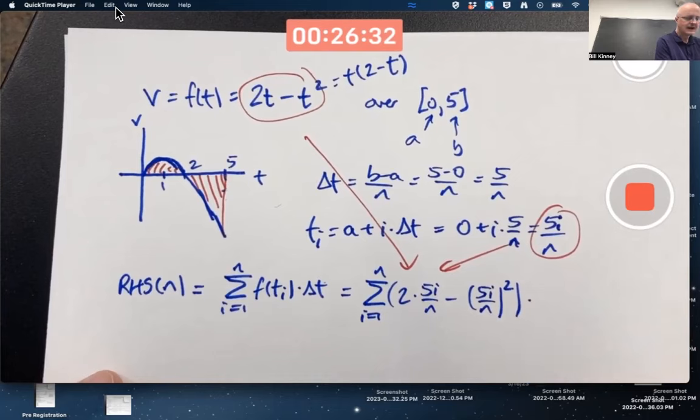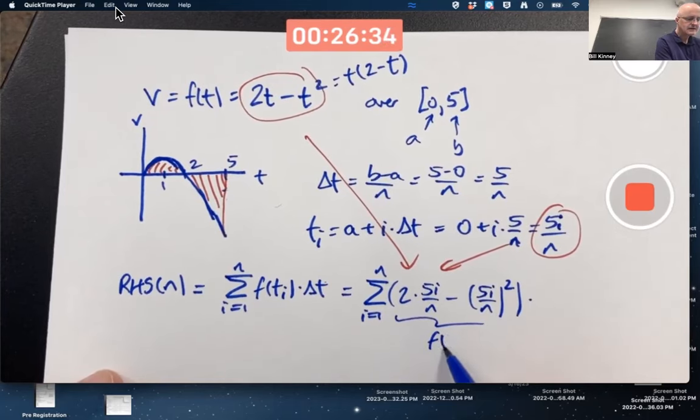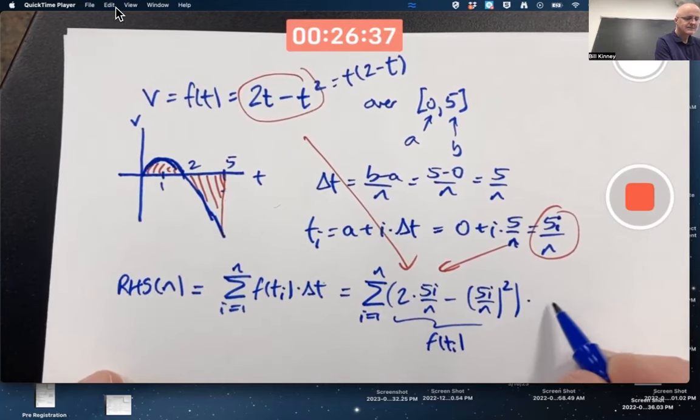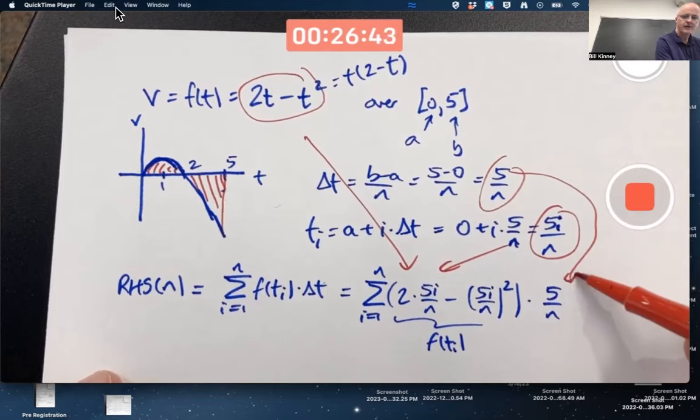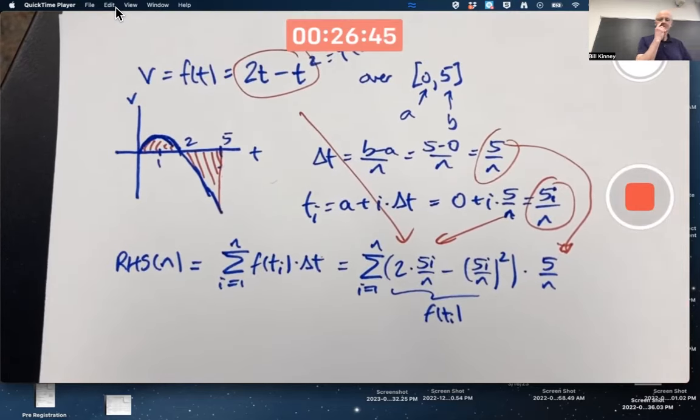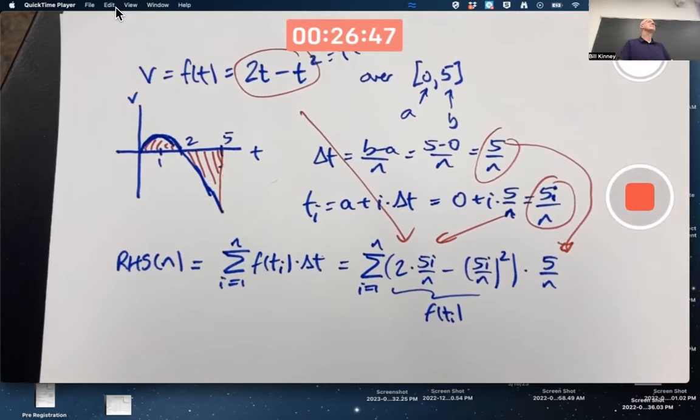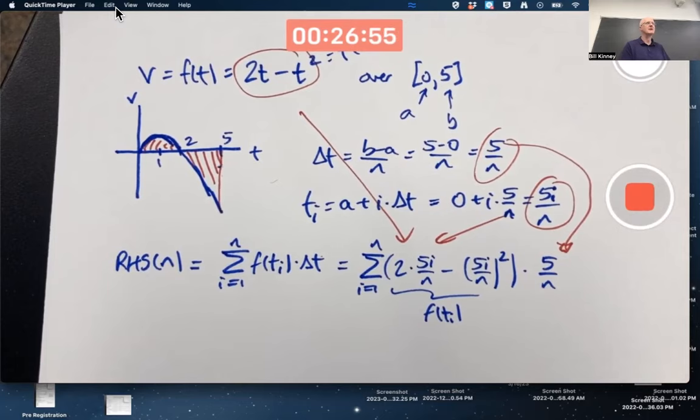That's f of ti times delta t. Delta t is 5 over n. I'd like to simplify this and then take a limit of it as n goes to infinity. It looks really hard. And it is hard, but it's doable if you know what to do.